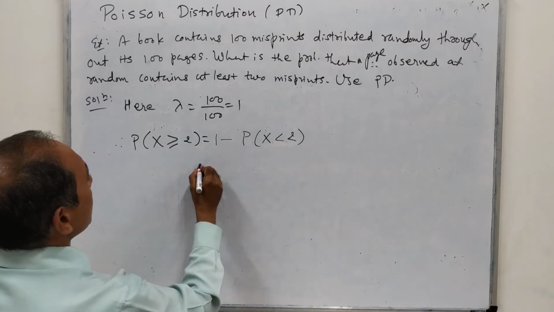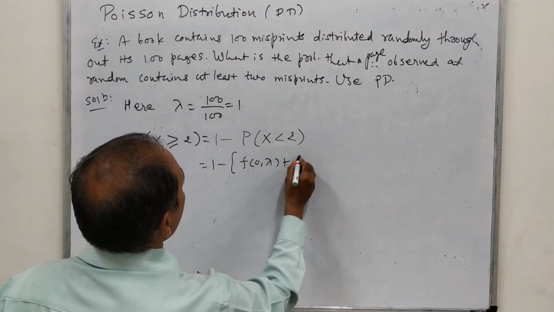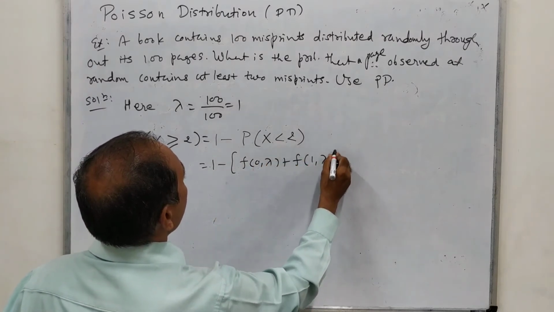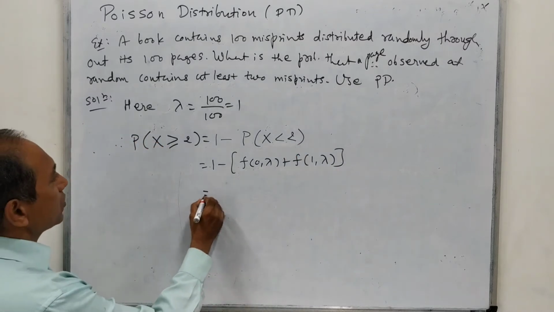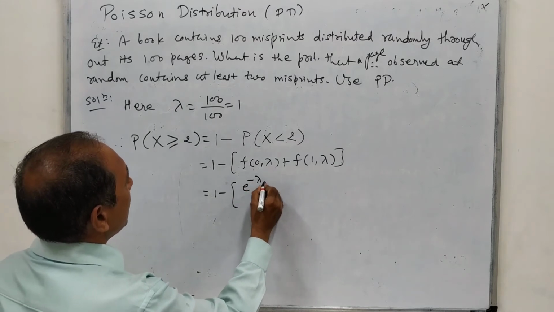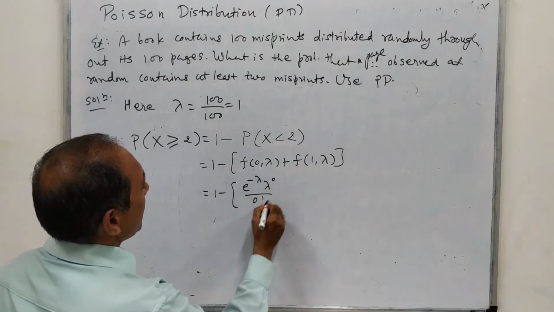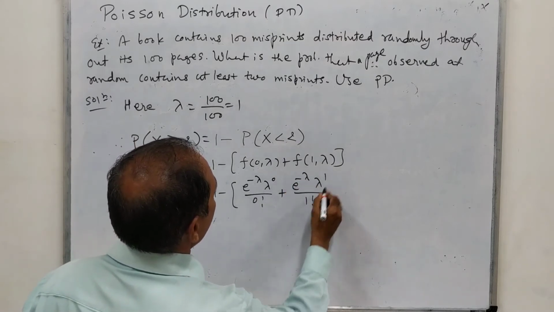X less than 2. So this is nothing but 1 minus f of 0 lambda plus f of 1 lambda. F of 2 lambda we cannot include because 2 is already included over here. And so this is nothing but e raised to minus lambda into lambda raised to 0 upon 0 factorial, plus e raised to minus lambda into lambda raised to 1 upon 1 factorial.